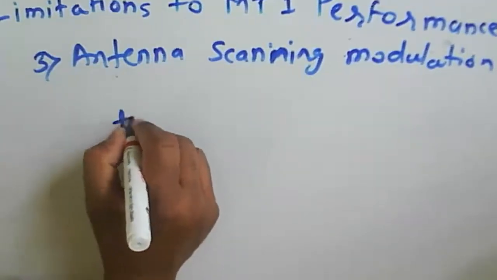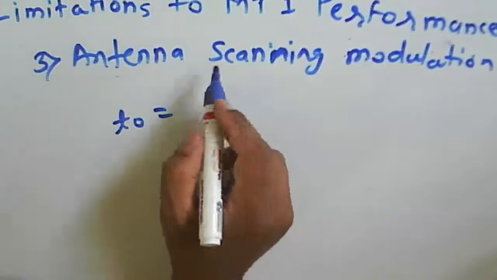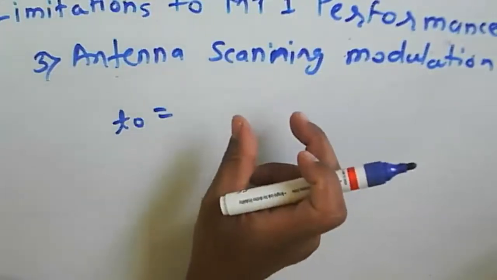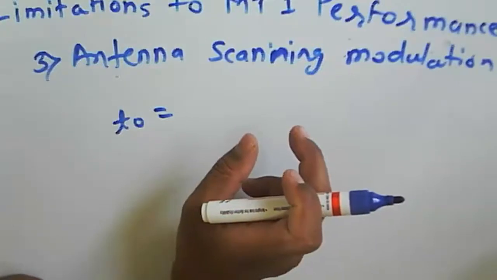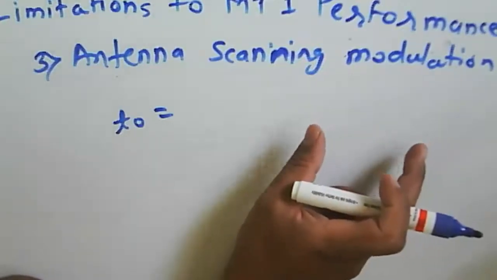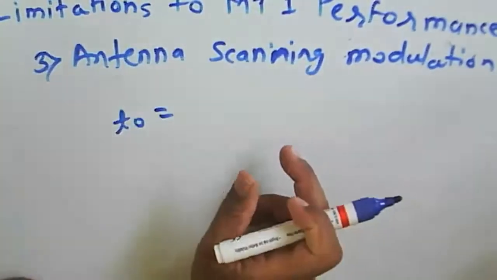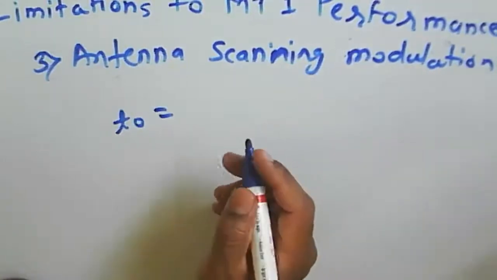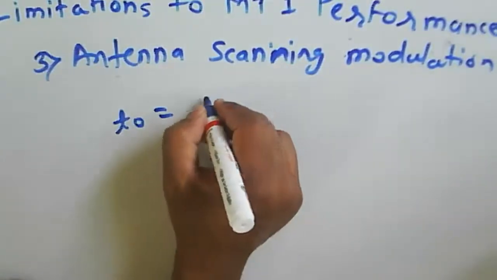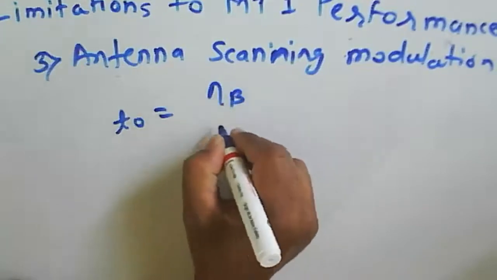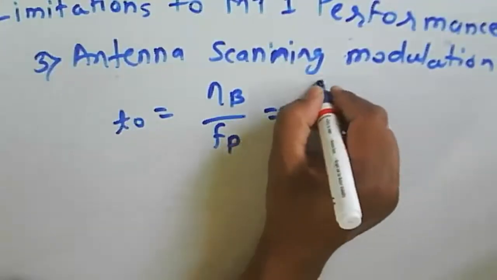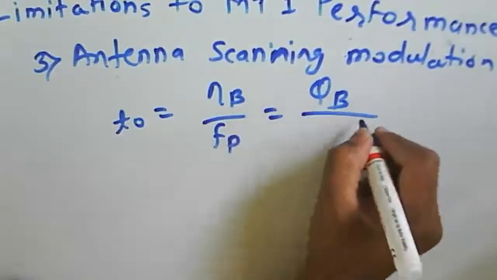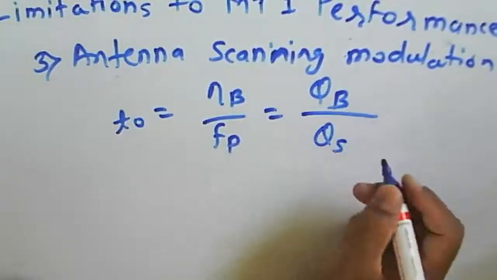We consider that finite time as T0, with which the antenna scans by a target. It will observe the target for a finite time T0 equal to NB by fp, equal to theta B by theta S.